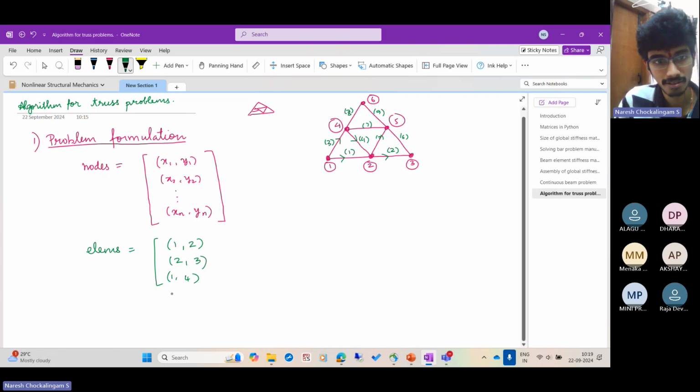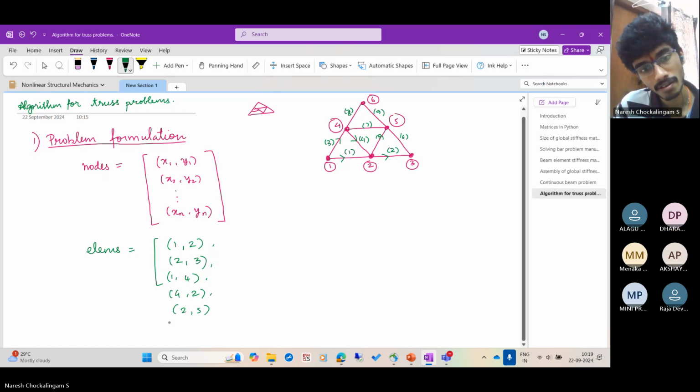Okay. Then fifth element is, this is the fifth element. You can say 2, 5. Then sixth element is 3, 5.